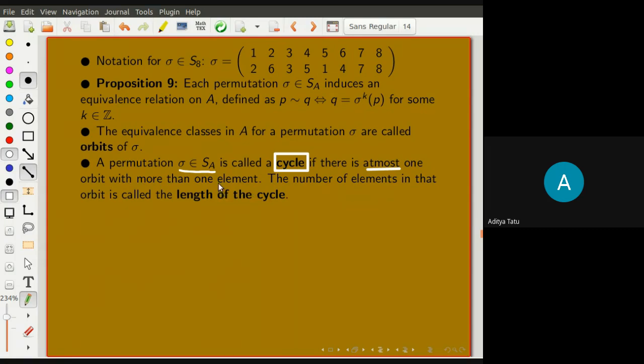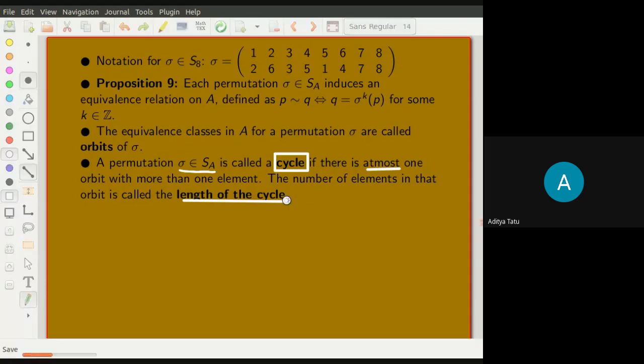A permutation sigma is called a cycle if there is at most one orbit which has more than one element, and the number of elements in that particular orbit is called the length of the cycle.